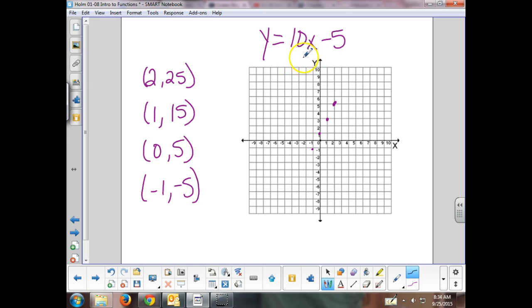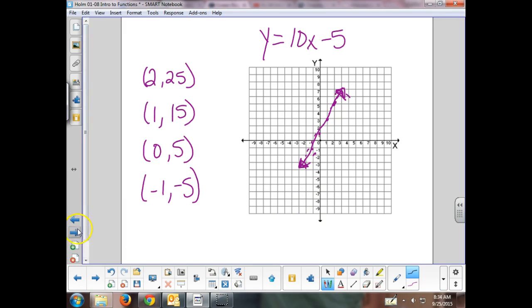Could I have picked 1,000? So when we graph a function, we connect them to show we mean all of the numbers in between those that we picked, and we put arrows in to show, well, I could have picked numbers beyond where my line is. It goes on forever.